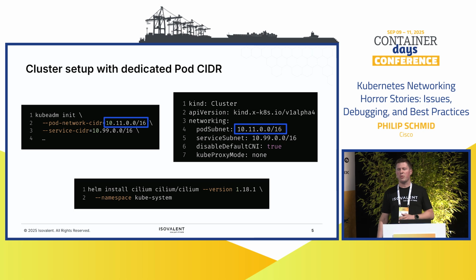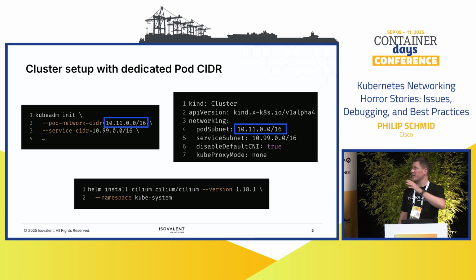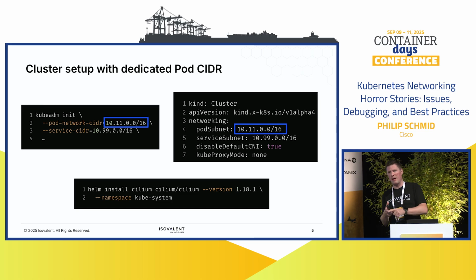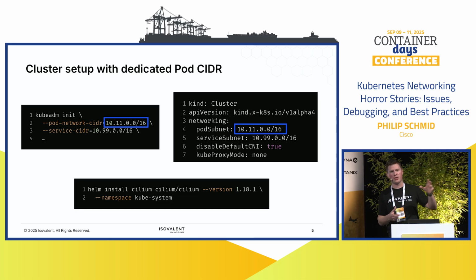Let's assume, for example, on the left-hand side, we have a kubeadm cluster, or on the right side, we have a kind-based Kubernetes cluster. And in the end, your goal is just to configure a specific pod CIDR range for this particular cluster. For example, you want to make sure that it's not overlapping with any other IP ranges from within your network, or that it's not overlapping with other Kubernetes clusters you might have.